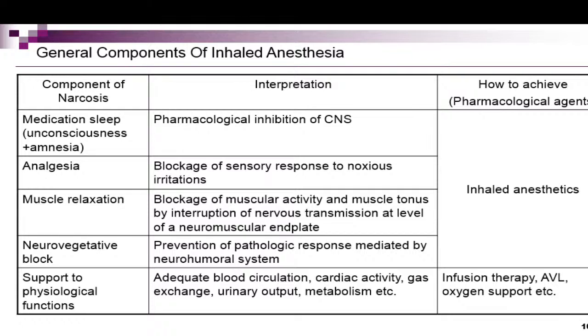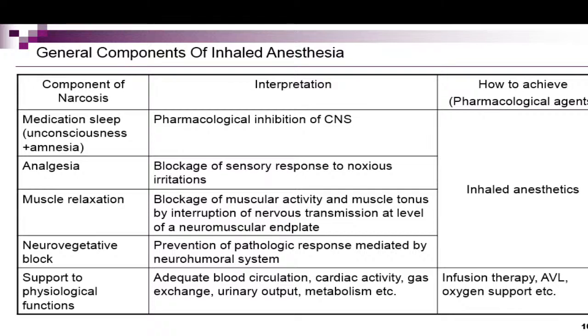Muscle relaxation, blockage of muscular activity and muscle tonus by interruption of nervous transmission at the level of the neuromuscular plate, and neurovegetative block. This is prevention of pathologic response mediated by the neurohumoral system. All these four components can be achieved by inhaled anesthetics.